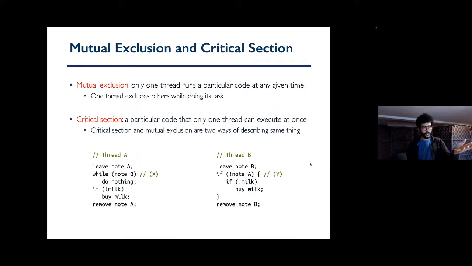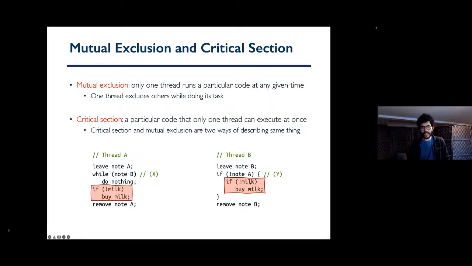In the example of too much milk, the critical section is this one: if we don't have milk, go and buy milk. So we only want one single thread at any given time to be able to execute these two lines. We don't want them both to buy. We don't want them both to look at whether or not we have milk. You could think of it as if x equals 0, then x equals 1.